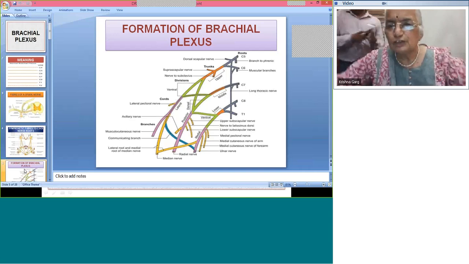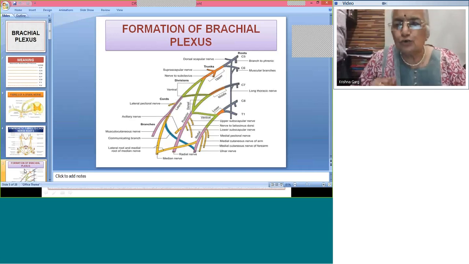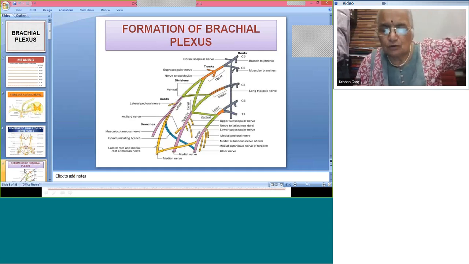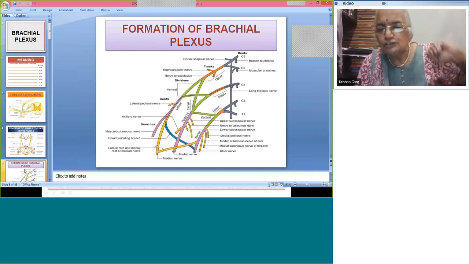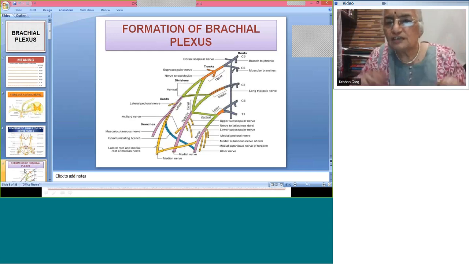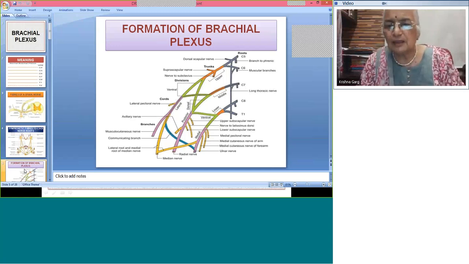This muscle is a protractor of the scapula, and it also helps in overhead abduction of the shoulder joint from 90 to 180 degrees, so that both the retractors and protractors are supplied by nerves which arise from the roots of the brachial plexus.